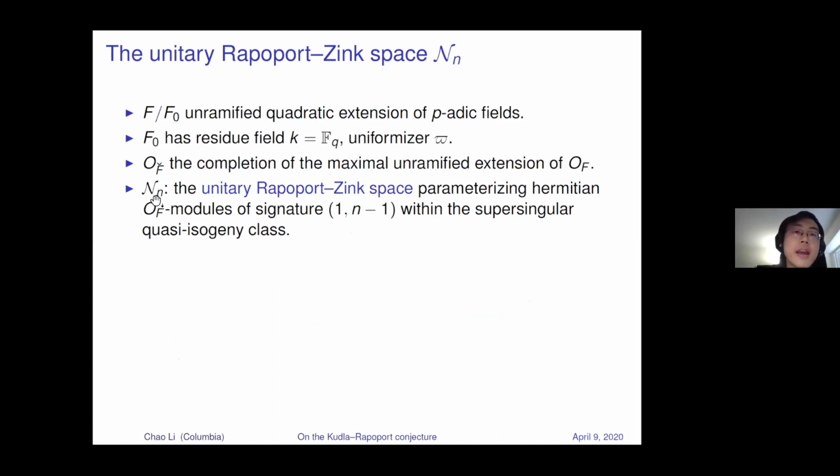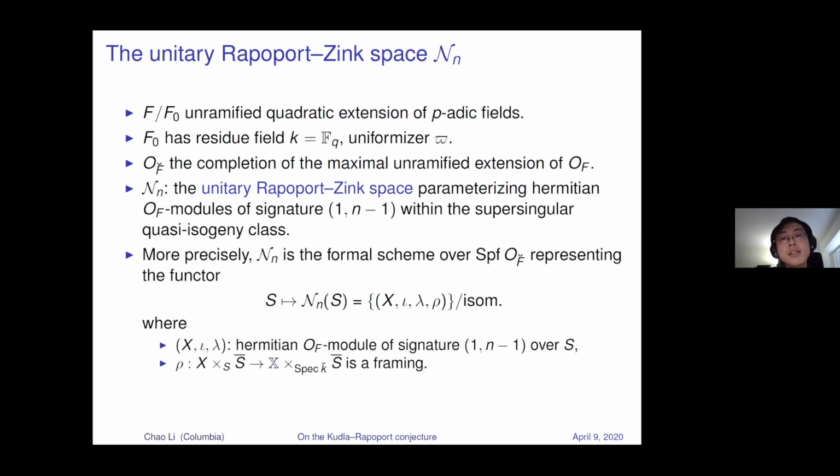and N will be the unitary Rapoport-Zink space associated with group U(N) of signature (1, n-1). Okay, so whatever it is, it should classify certain p-divisible groups with extra structures mimicking the unitary structure of (1, n-1). Okay, it's classified in certain Hermitian O_F modules of that signature within the supersingular quasi-isogeny classes of p-divisible groups.